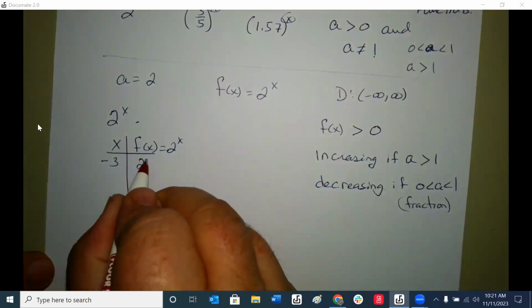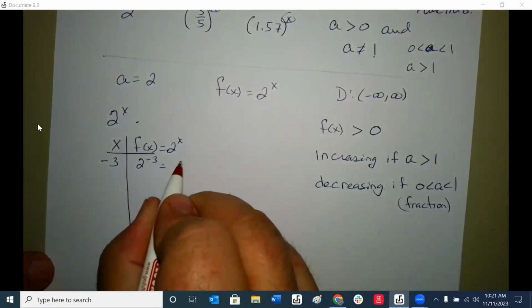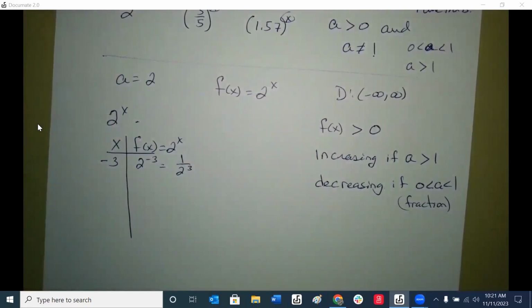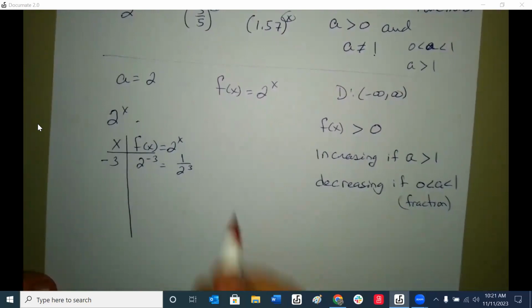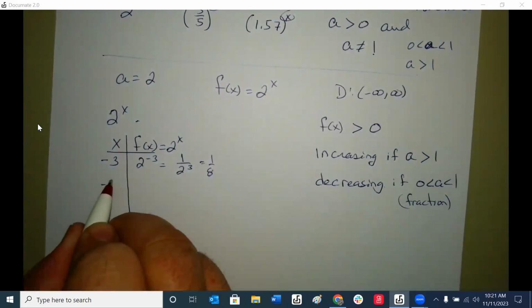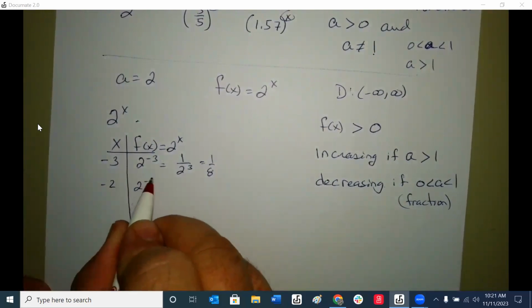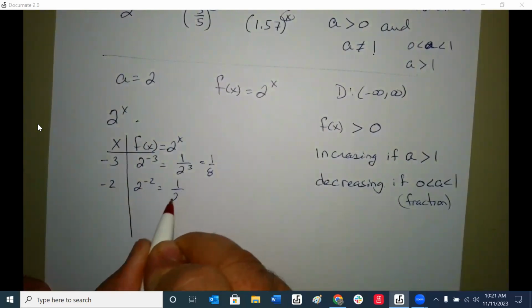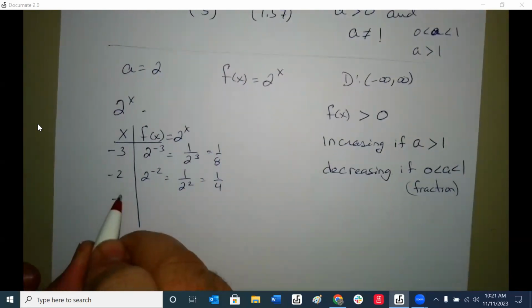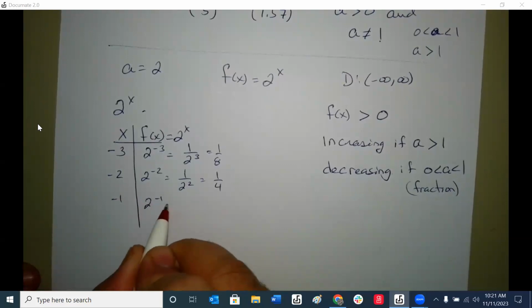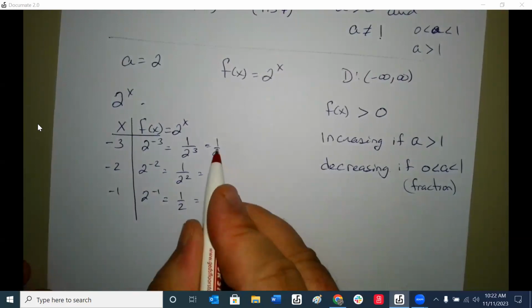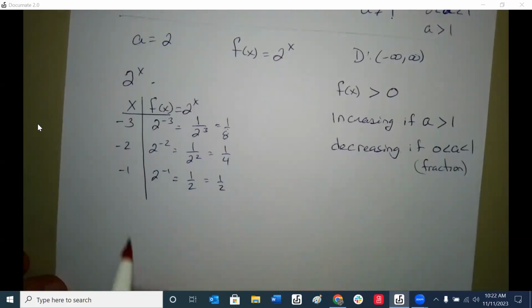So we have 2 to the power negative 3, which becomes 1 over 2 to the power 3, which becomes 1/8. If x is negative 2, 2 to the power negative 2 is 1 over 2 squared, which is 1/4. If it's negative 1, it's 1/2. You notice it's getting bigger because the bottom number is getting smaller.